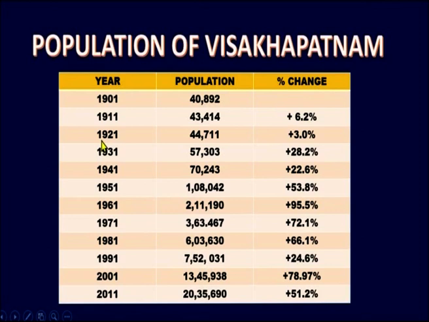Then from 1921 to 1931, from 44,711, it has increased to 57,303. And what is the percentage change here? 28.2%. From 1931 to 1941, it has increased from 57,303 to 70,243.